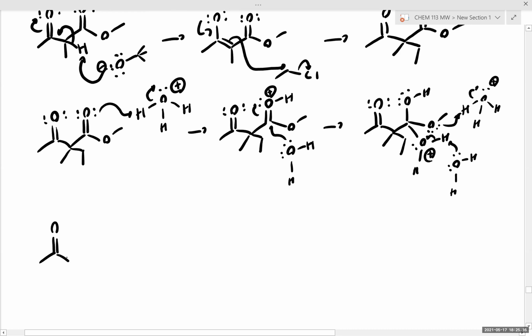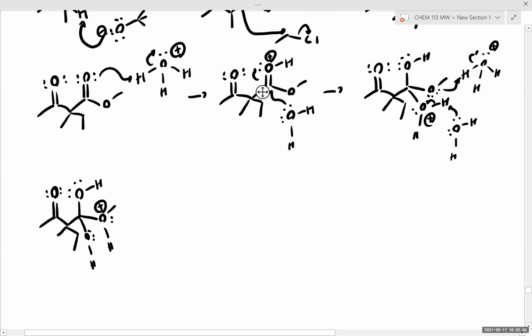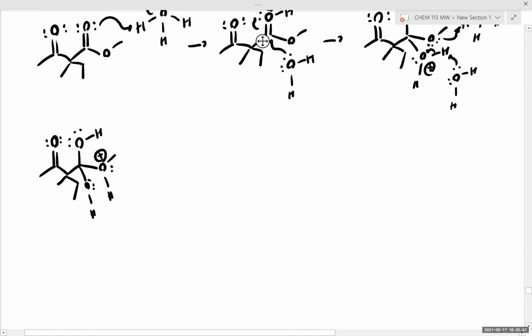Okay, so now we're at the step where the student responses left off. This is where we've left off as a class. So we have this tetrahedral intermediate. So let's try to pick up from here, and I'd like us to complete this hydrolysis and decarboxylation mechanism.